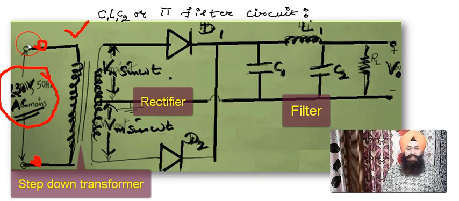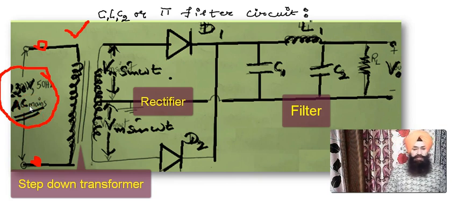So AC is applied between the 2 points. You know the function of this rectifier as well as the filter circuit is to convert AC into DC.